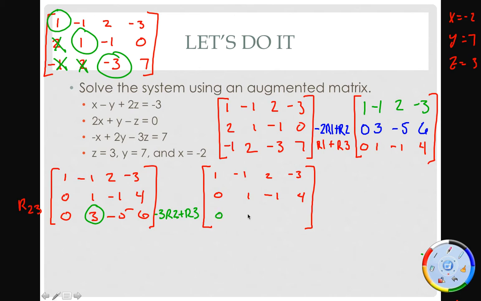So I get my 0 already. Get that 0, that's good. Well, this becomes a +3 and a -5. So that becomes a -2. And this becomes a -12 plus 6, which is a -6.